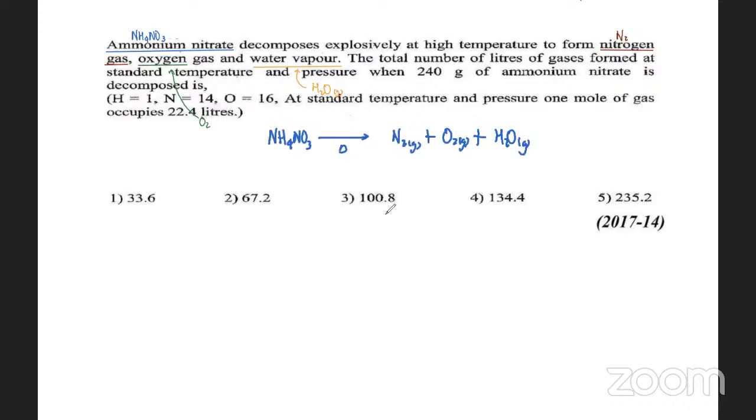High temperature, yeah. So solid here. They have 240 grams of ammonium nitrate. And we have to check whether the reaction is balanced. I think the reaction is already balanced now, people, perfectly, isn't it? 2 nitrogen, 4 hydrogen. No, not balanced. Not balanced, sorry.